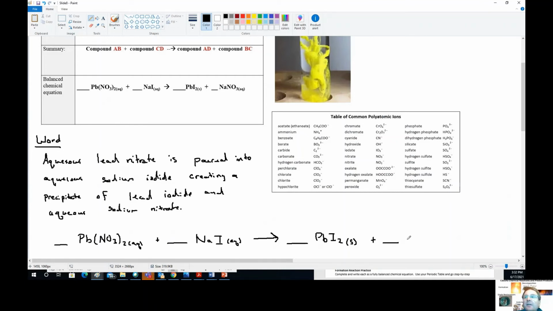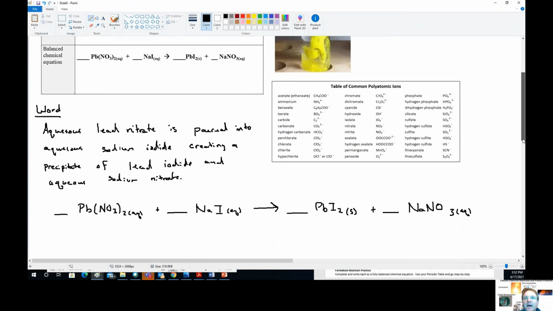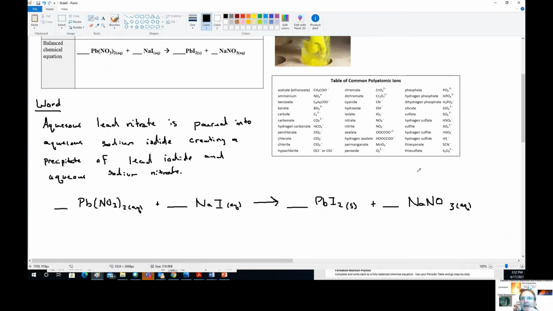And finally, NaNO3, sodium nitrate, aqueous. Anything with nitrate, if you look at your solubility table, is soluble. Now, is this balanced? No. We've got 2 nitrates here, only 1 there, so let's put a 2 there. But now we've got 2 sodiums, so let's put a 2 here. Ooh, excellent.